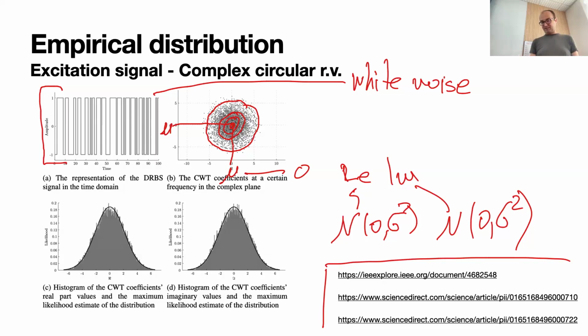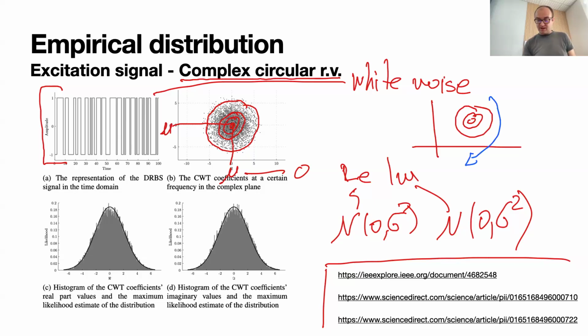But the beauty of it is, if we now draw the complex distribution of these two things, we will get a distribution that has concentric circles positioned at their corresponding mean values, in our case zero, and the real and imaginary components are not correlated. So I said a lot of things. The most important thing that you have to remember is something called a complex circular random variable. This means that the distribution functions are concentric circles. If I rotate it, I don't change the shape of the distribution, because if the distribution was like an oval, when I rotate it, it won't be the same. But if they're concentric circles, it doesn't matter how I rotate it, it looks exactly the same.